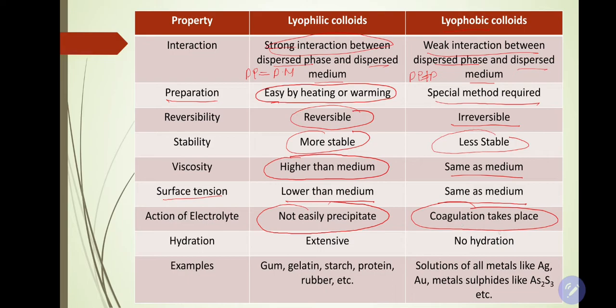Lyophilic colloids undergo extensive hydration, so they are also known as hydrophilic, meaning they have great affinity towards water. Lyophobic colloids have no hydration, so they are hydrophobic. Examples of lyophilic colloids are gum, gelatin, starch, protein and rubber, whereas solutions of metals like Ag, Au, and metal sulfides like As2S3 are examples of lyophobic colloids.